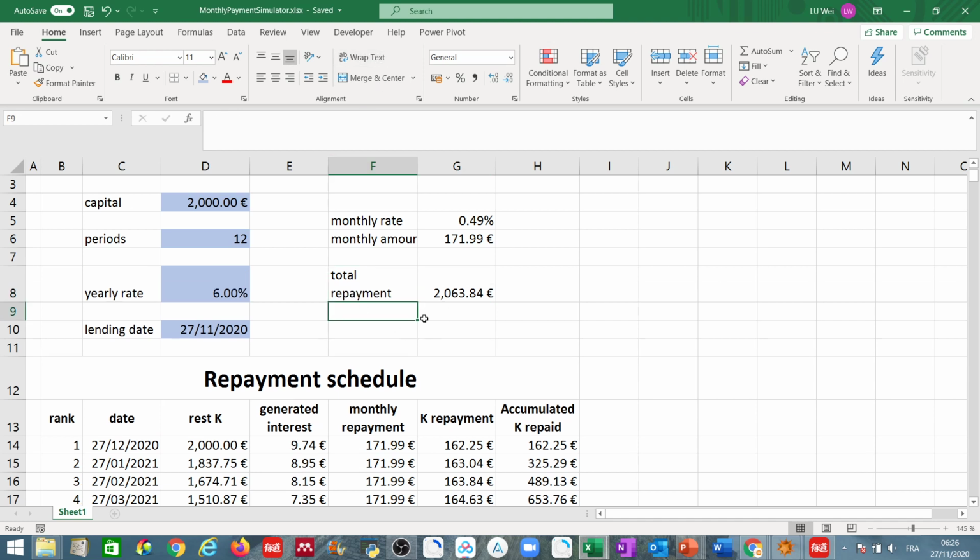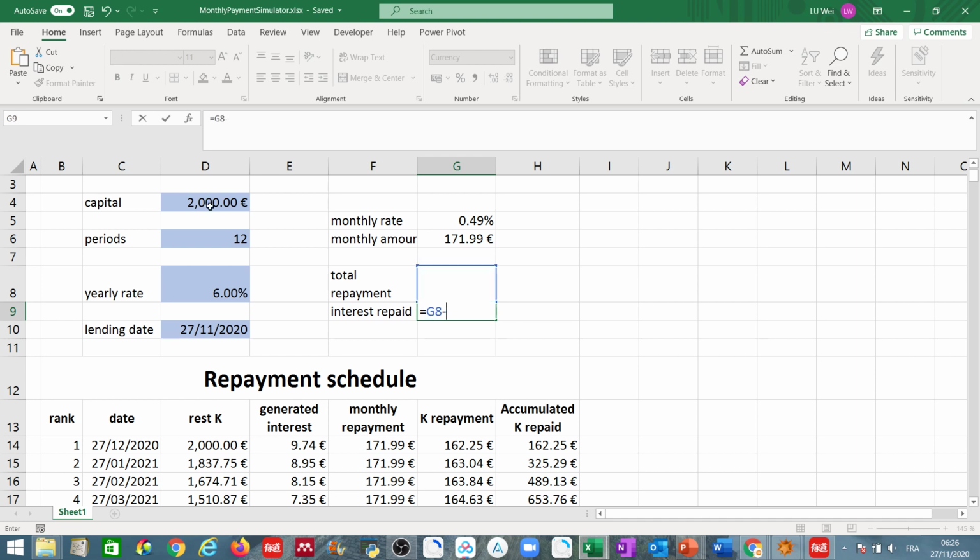And then we can figure out how much of this money is interest. Interest repaid would be just the difference between the total repayment minus the capital.